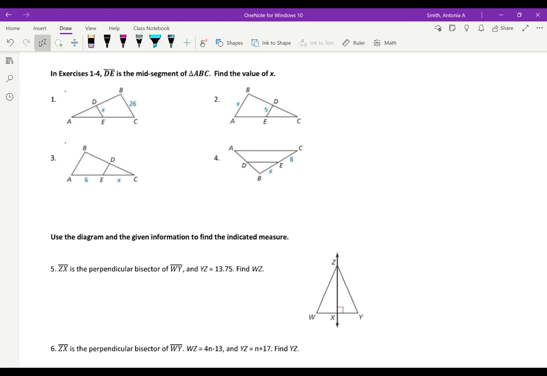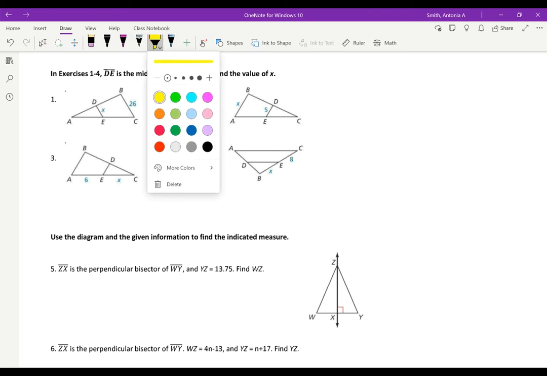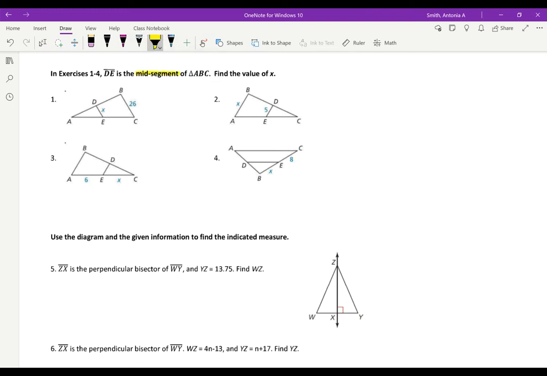Okay, so in exercises 1 through 4, DE is the midsegment of ABC. I'm going to highlight it the same color as we highlighted that word up above. Find the value of x. So what do we know about midsegments? They are parallel to the third side, and they connect midpoints of your sides.